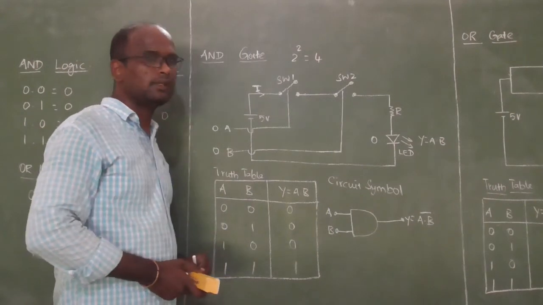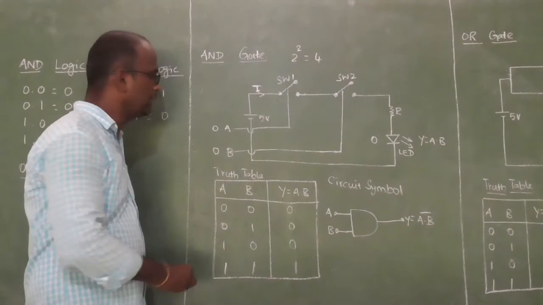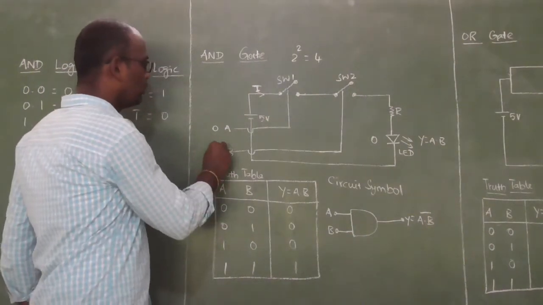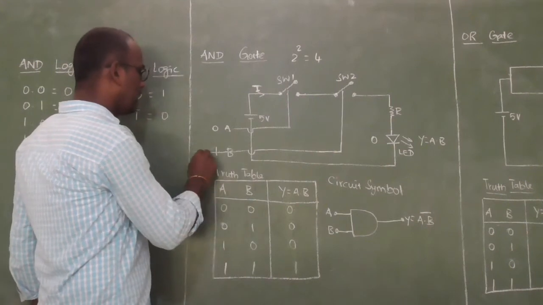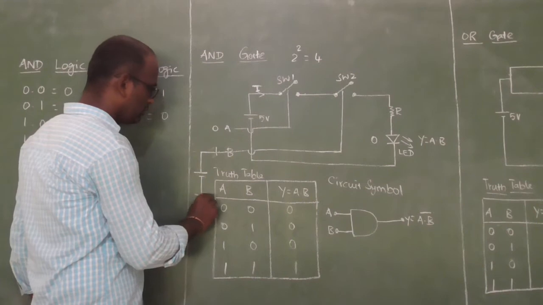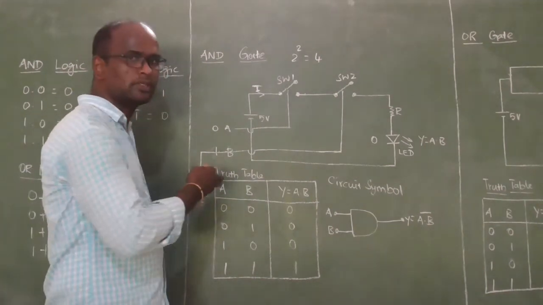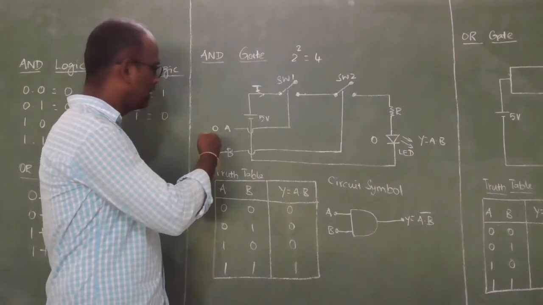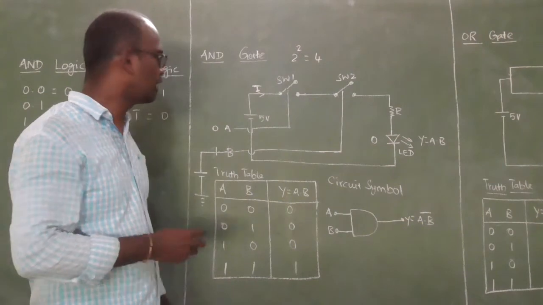Understand? So next we go for the next combination of input, that means 0 and 1. 1 means we are applying a battery power supply for that particular input to apply the current. So the meaning of applying current is logic 1.